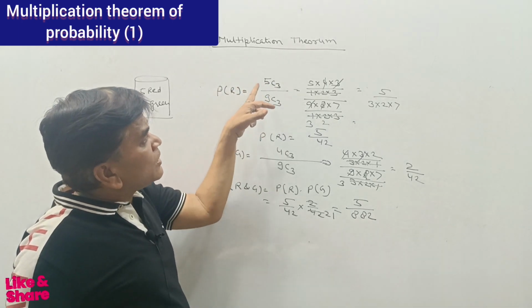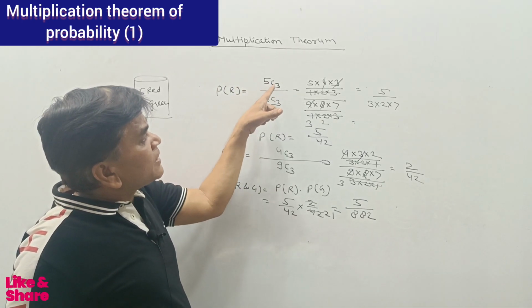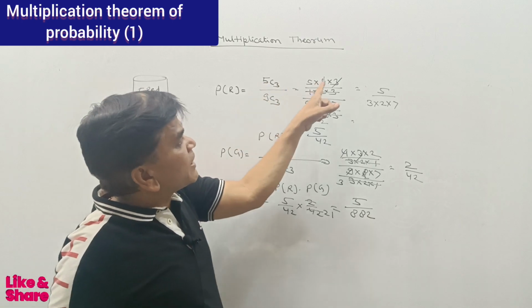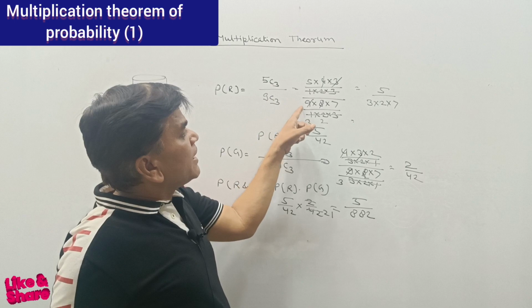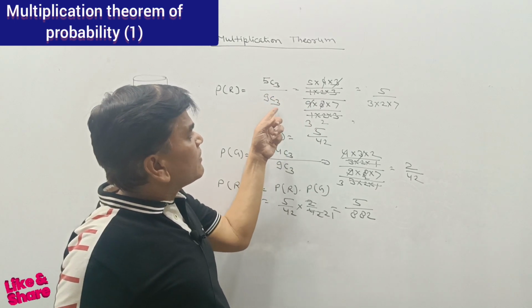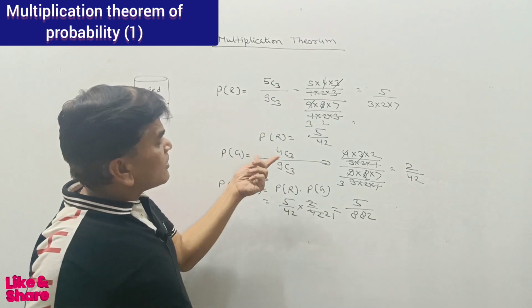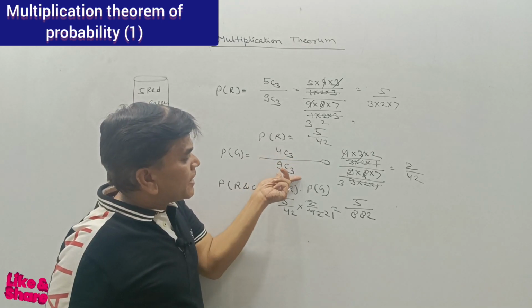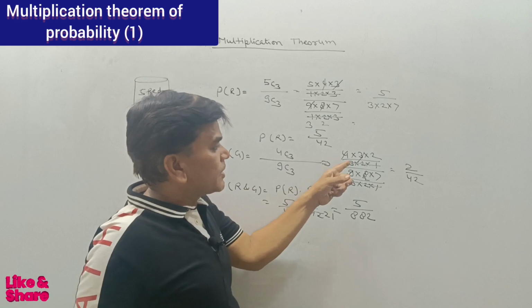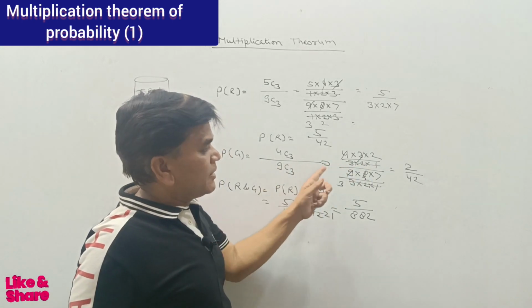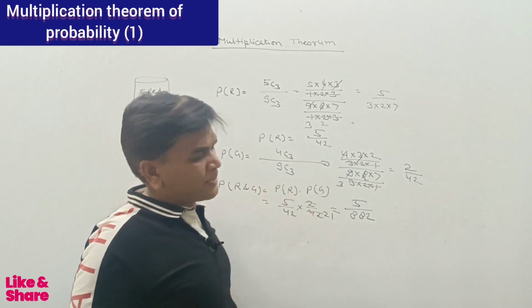Its solution is 5 multiply 4 multiply 3 over 3 multiply 2 multiply 1, and 9 multiply 8 multiply 7 over 3 multiply 2 multiply 1. Similarly, 4C3 divided by 9C3 is 4 multiply 3 multiply 2 divided by 3 multiply 2 multiply 1, and 9 multiply 8 multiply 7 divided by 3 multiply 2 multiply 1.